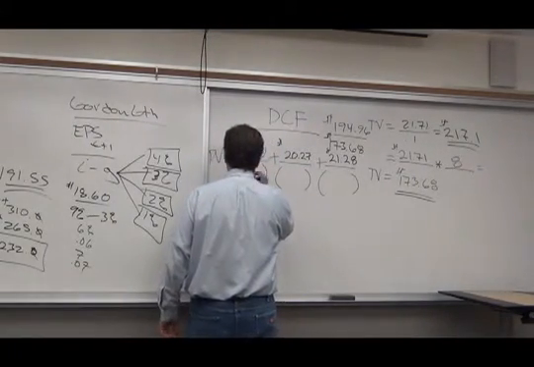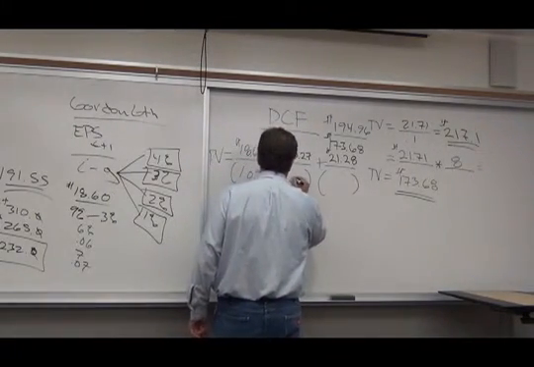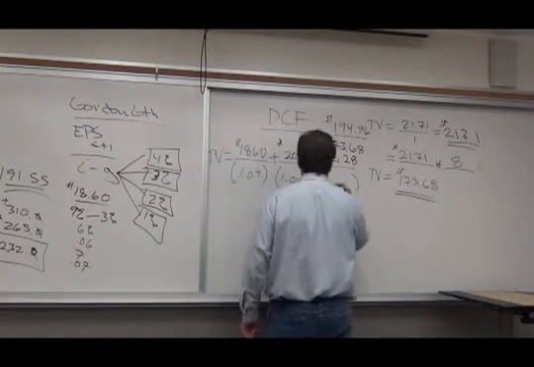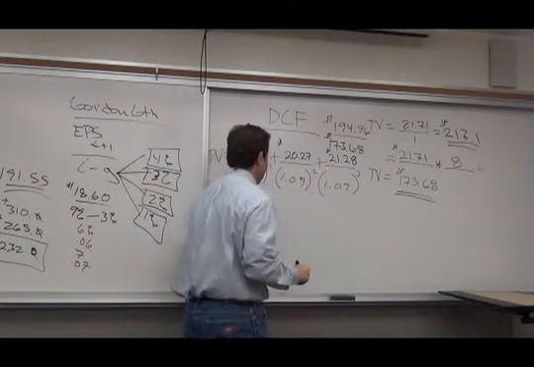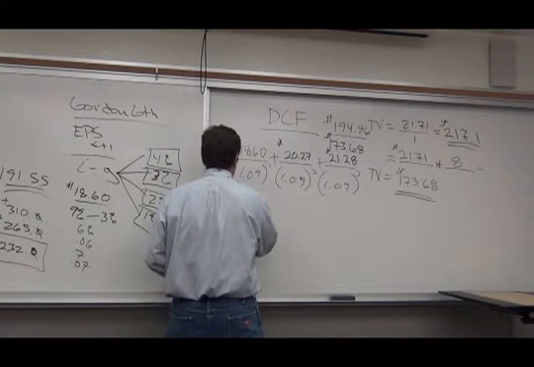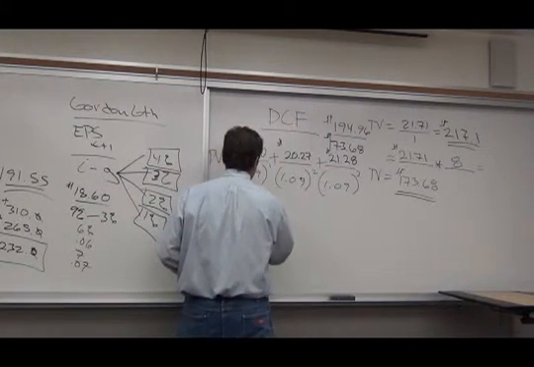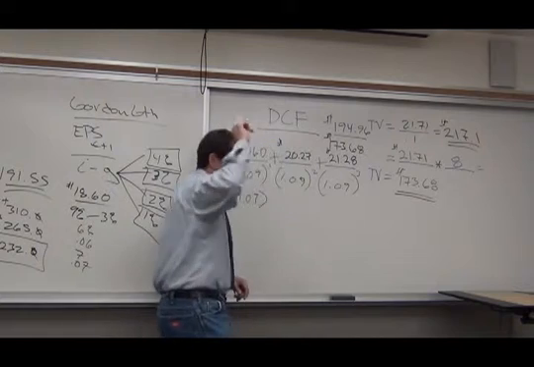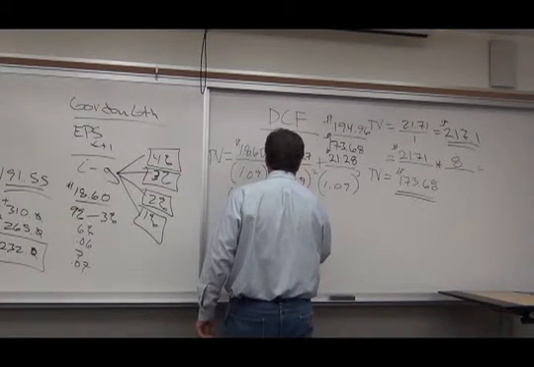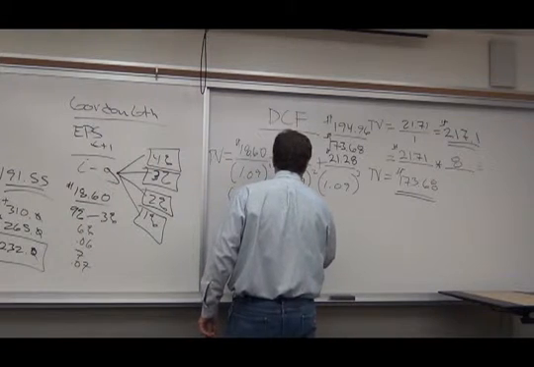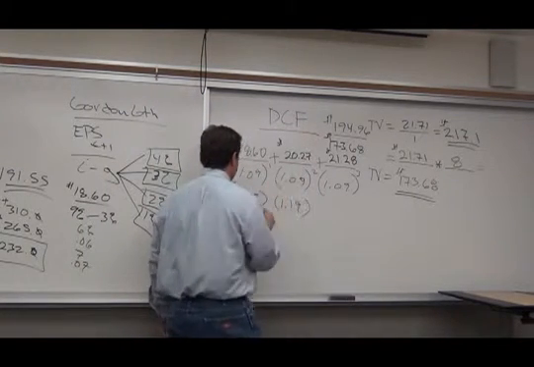Okay. 1.09. So will you calculate the discount factors for me? What's 1.09 squared? 1.1881. You round up for me, please.